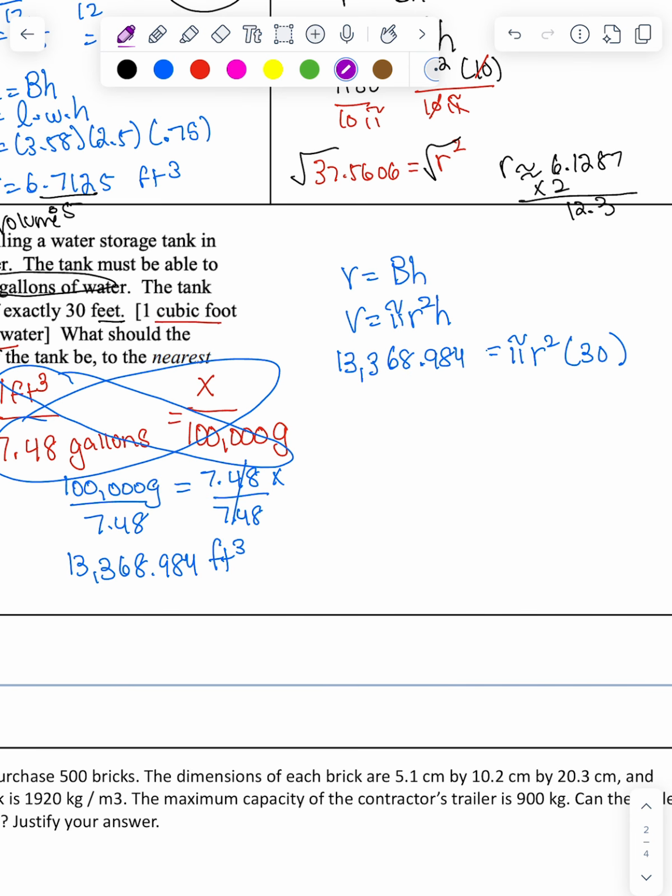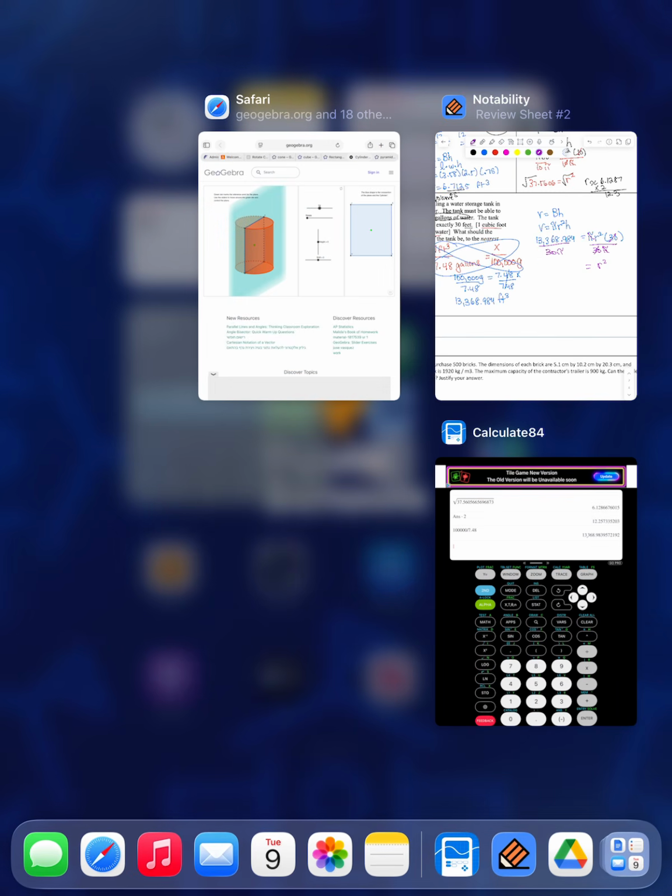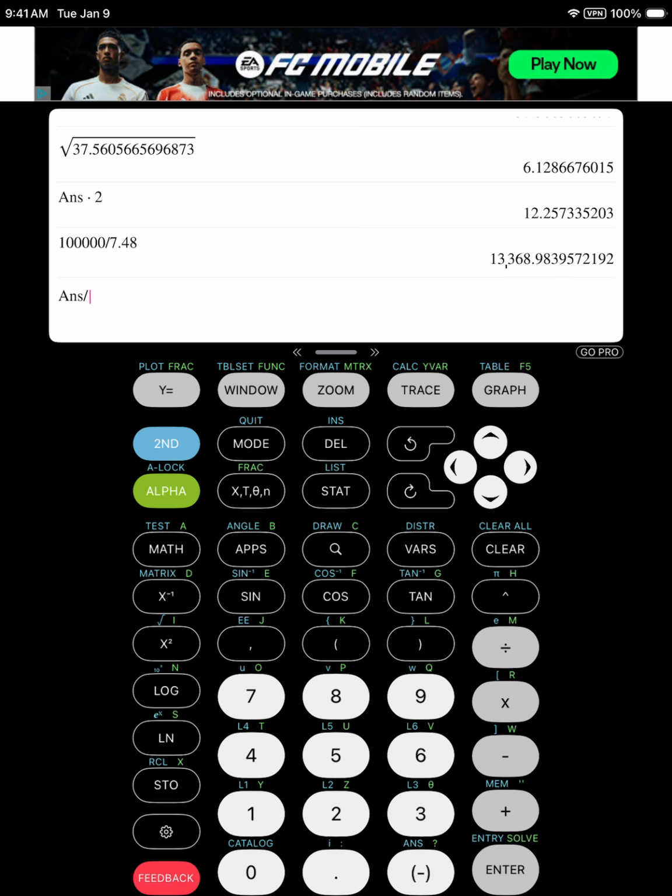So this is similar to the previous question where we're trying to isolate the r. So I'm going to start off by just dividing both sides by 30 pi. And once again, my goal is to isolate r squared. So that eliminates the 30, that eliminates the pi, and it leaves me just with r squared. So in my calculator, I'm just going to hit divided by, I should put parentheses, divided by 30 pi.